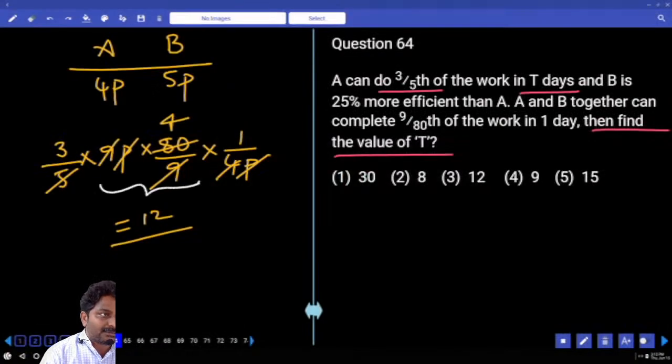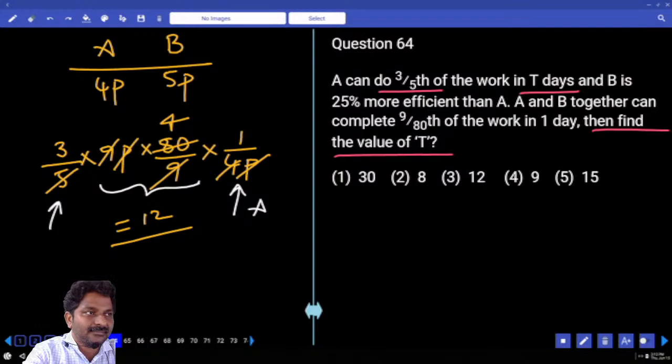This is the total work. 3/5 of the work. This is by A. Over.